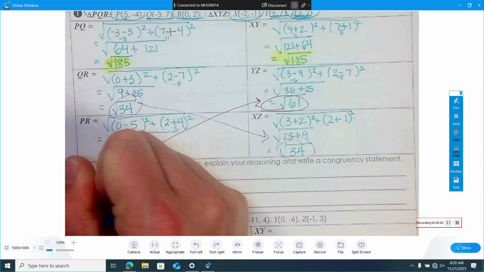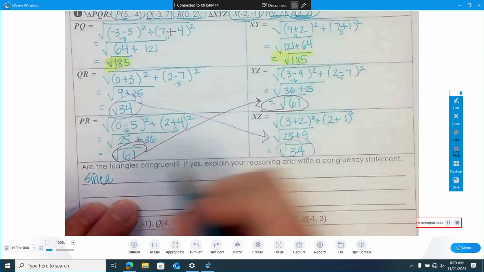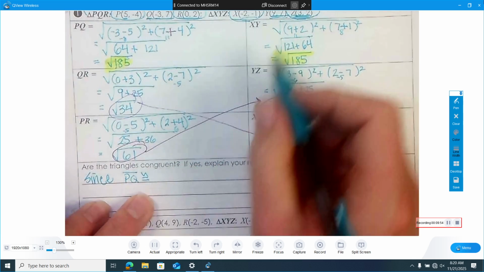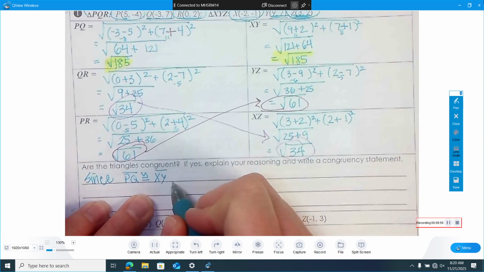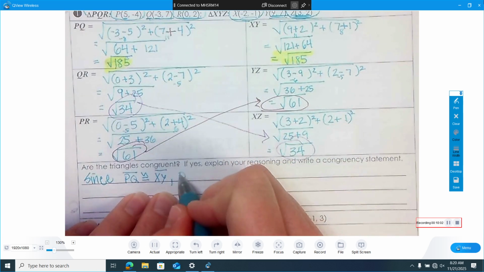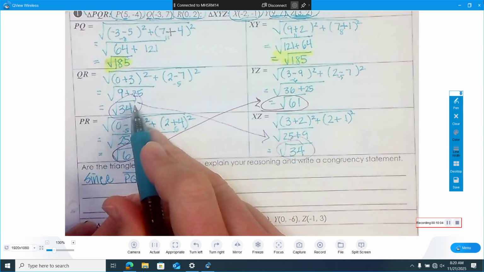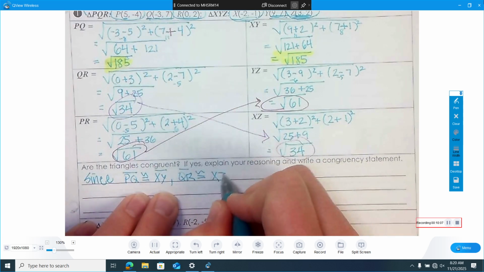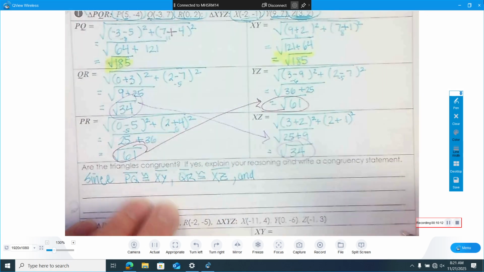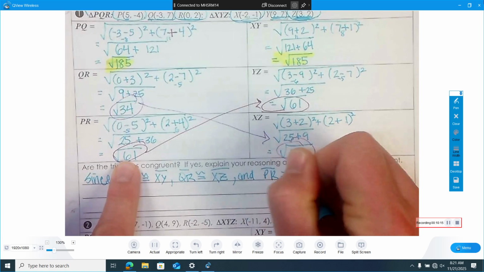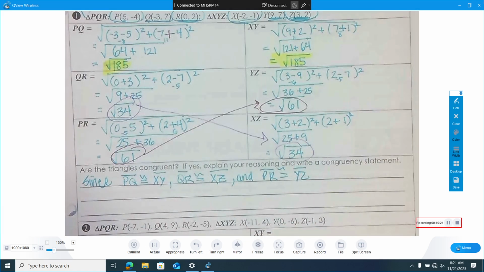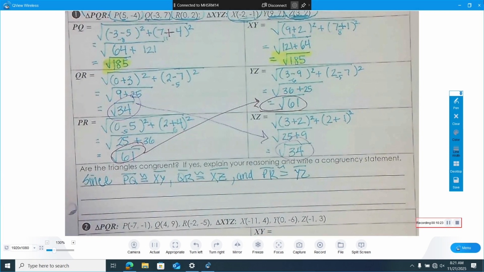So, since segment PQ is congruent to segment XY, and segment QR is congruent to segment XZ, and the last one, segment PR, is congruent to segment YZ. So we have 1, 2, 3 pair of congruent sides.